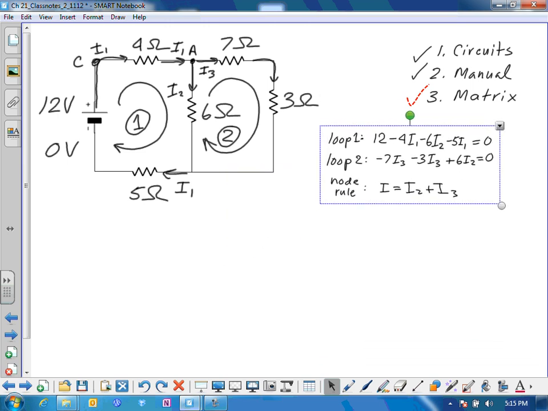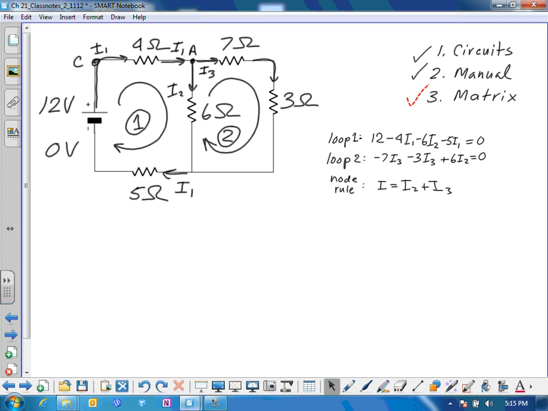So our next step now is to use matrix methods to solve this system of equations. Much easier to use those in a calculator. So we're going to combine them in a different form. I want to express it in this form, with the 12 on the positive side of the equal sign.